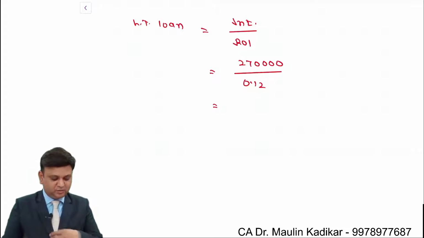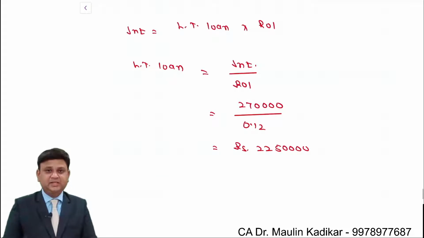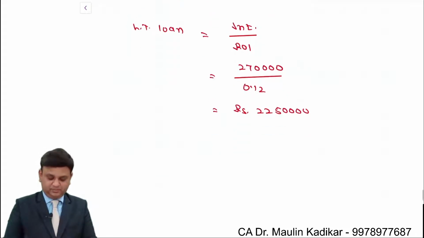That is the way the long-term loan will be calculated. So the amount comes to 22,50,000. That is the first working note for the long-term loan.